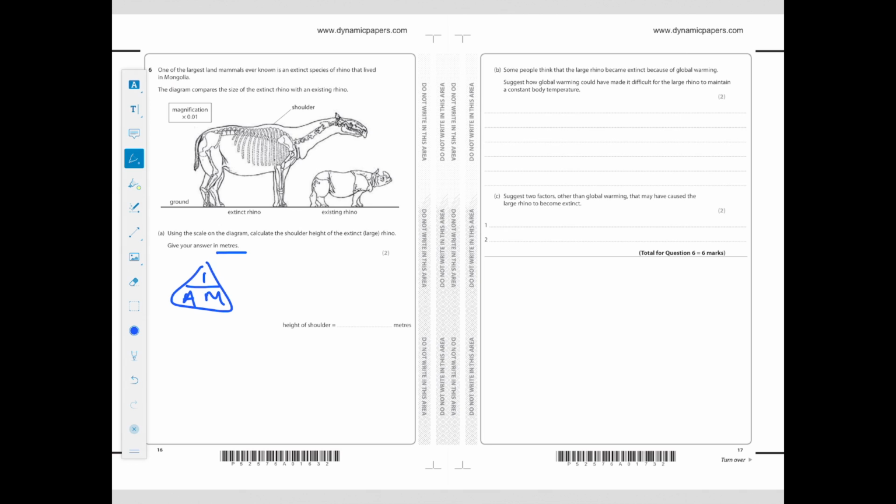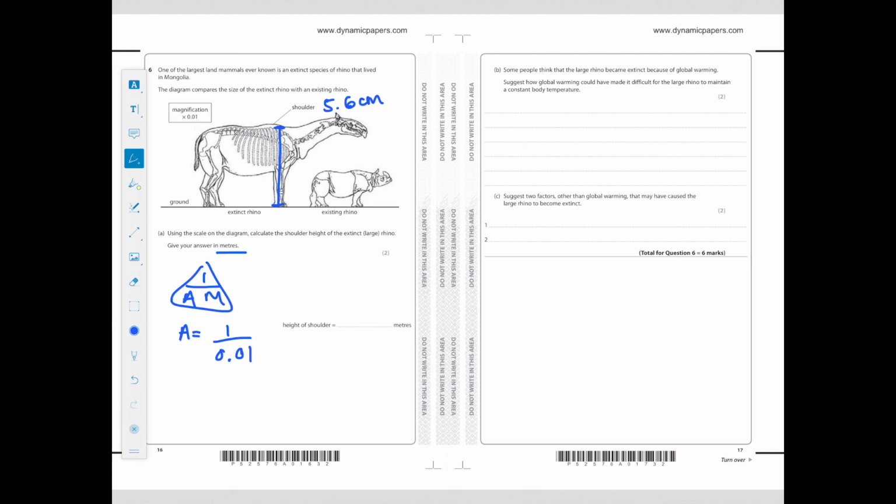So we're looking for the actual size of the rhino, so we need to do the image size over magnification. So we know that's 0.01. So you need to get your ruler and measure the length of this, and if you've printed it out properly, you should measure that, and it should be 5.6 centimeters.